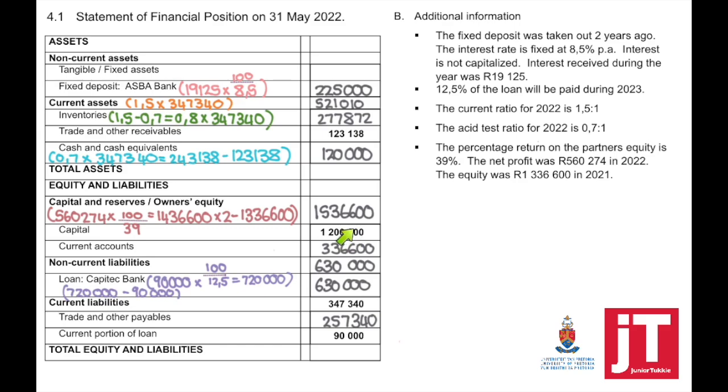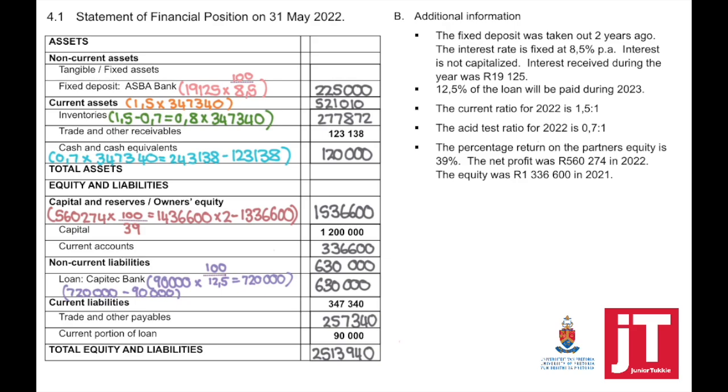We've calculated the total owner's equity. We've calculated the non-current liabilities, and the current liabilities were given to you. It means that I can now calculate the total equity and liabilities by taking the owner's equity plus non-current liabilities plus current liabilities equals total equity and liabilities.